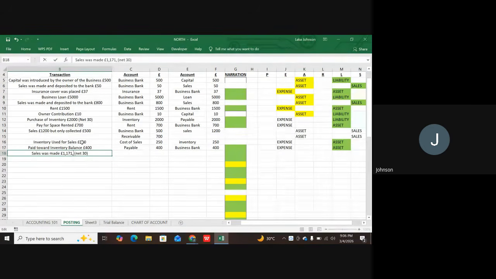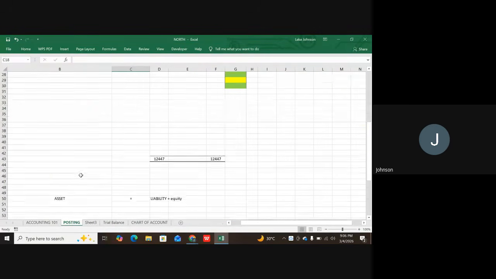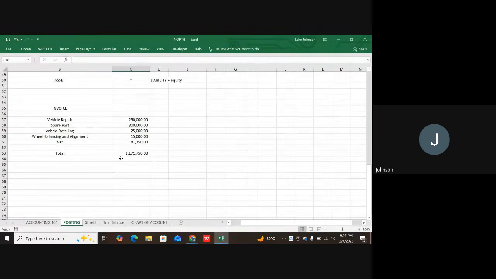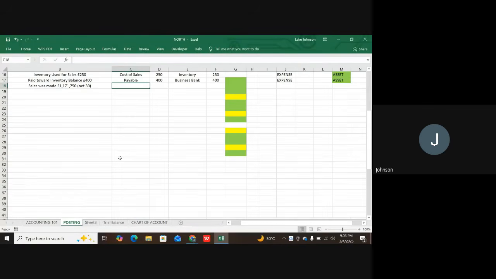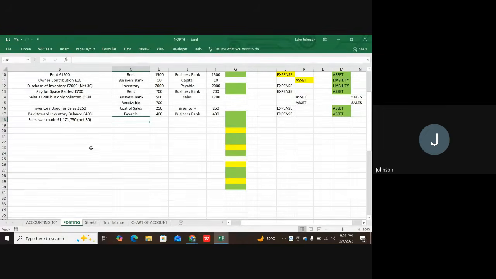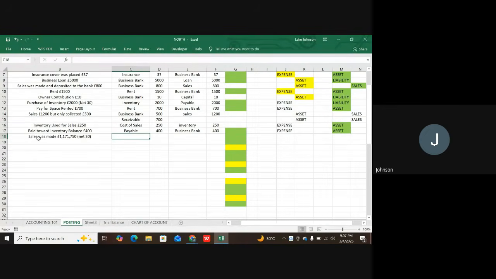So how do you treat this? You have your invoice, you know what your invoice is. So how do you treat this transaction? This sales was made for this amount, net 30. Who can explain to me what kind of transaction this is, and how do we post it?